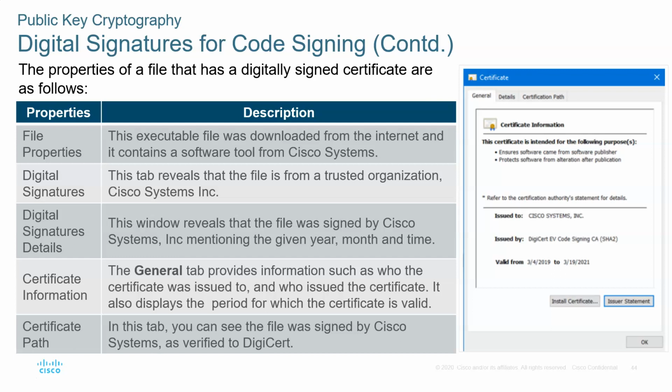This is like I go and get an ID, my license from the motor vehicle, right? The motor vehicle is the certificate authority. The police know, everybody knows that the motor vehicle is an authentic authority that gives out these certificates, right?